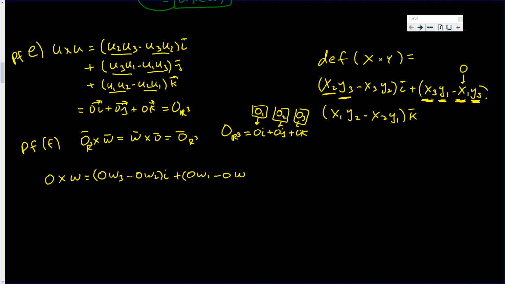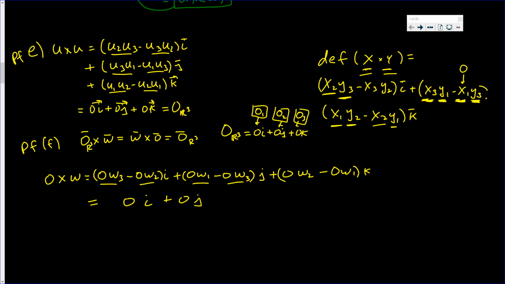The second vector, third position, that's j, plus the first component of the left vector times the second component of the right vector, minus x2 is 0 times y1. Well, this is 0 minus 0. It's 0i plus 0 minus 0 is 0j plus 0 minus 0 is 0k. So this is the 0 vector in R3.